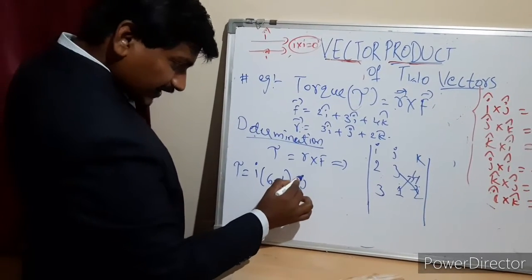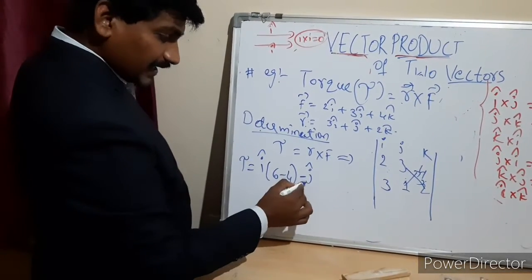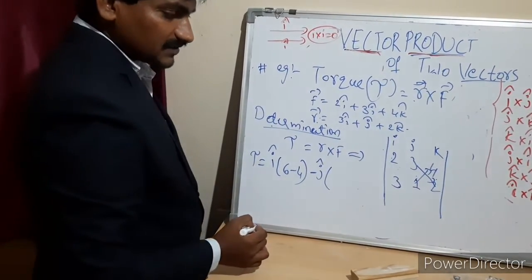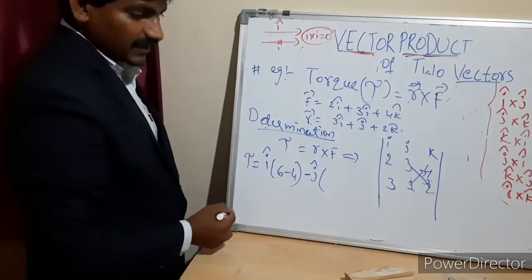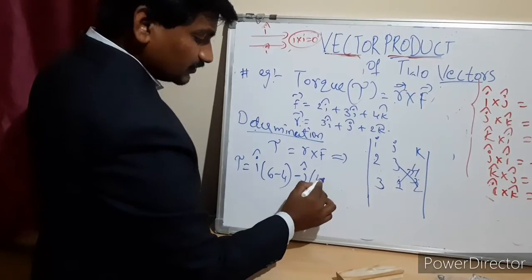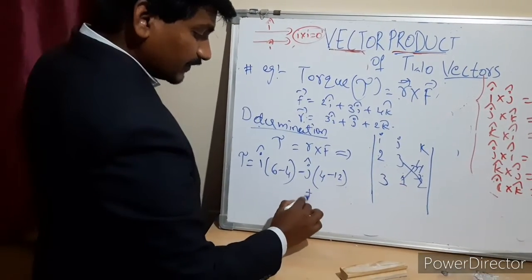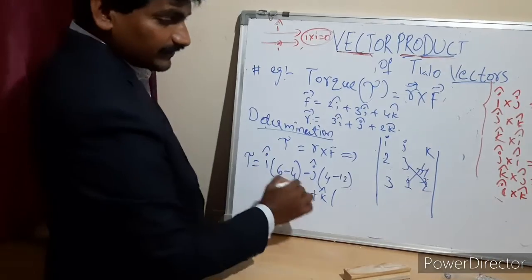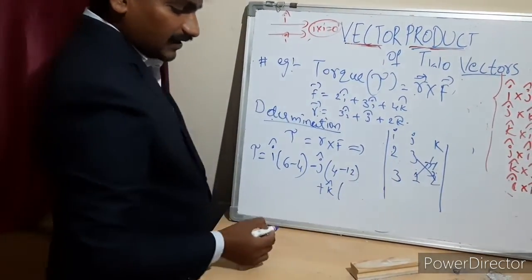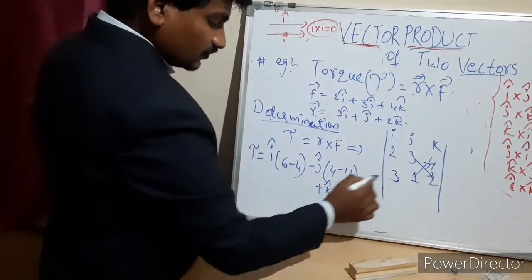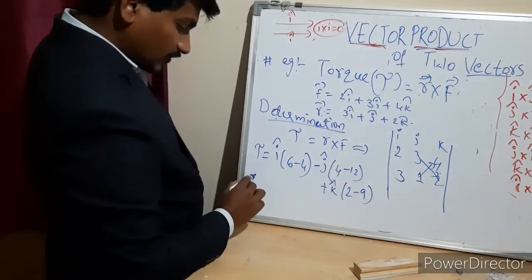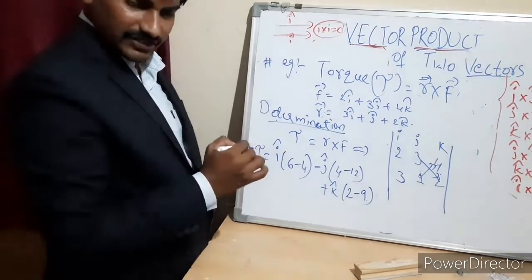In the middle we have to take minus j. Now for the j components we multiply the magnitudes: 2 times 2 is 4, 3 times 4 is 12. Next, plus k, and when we do k, apart from k we use the i and j coefficients: 2 times 1 is 2 and 3 times 3 is 9. So this is the method of the determinant that we have to follow.